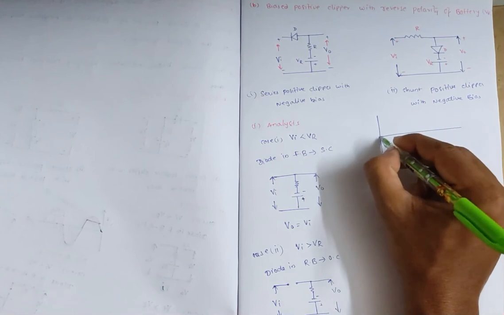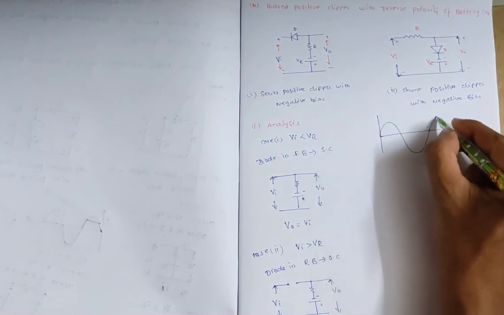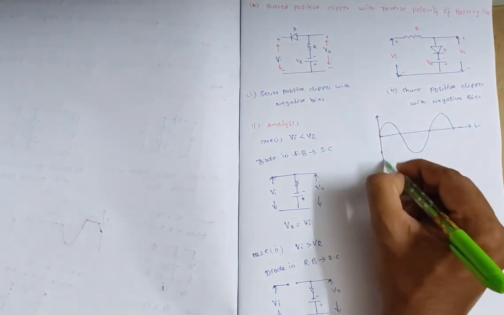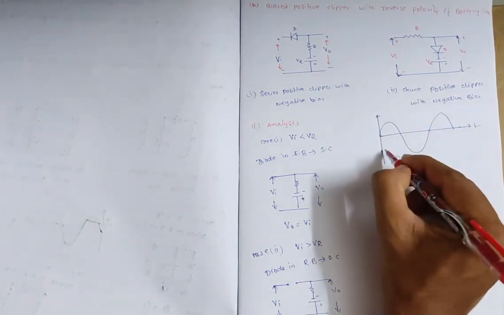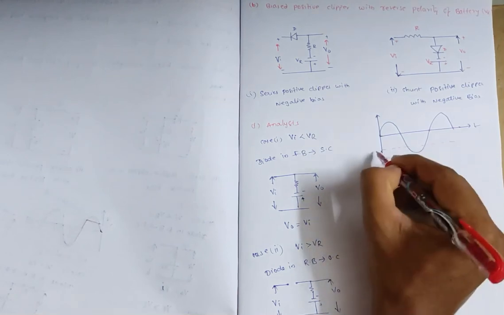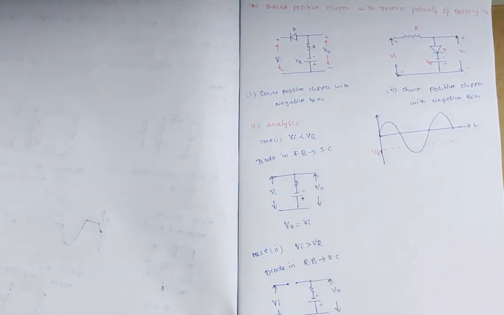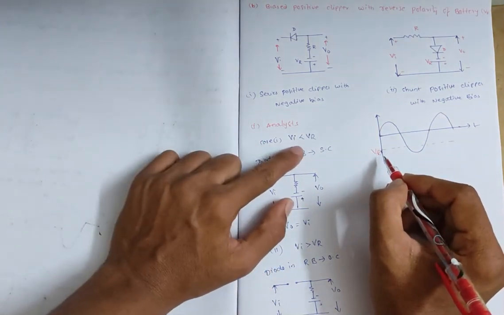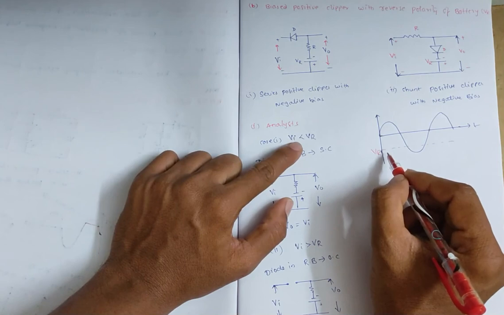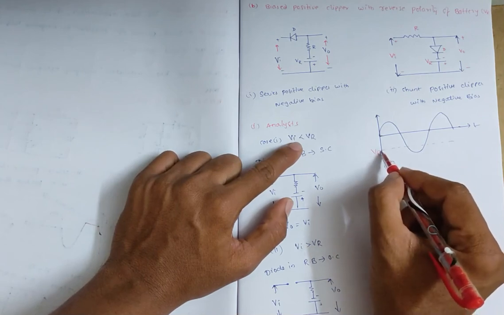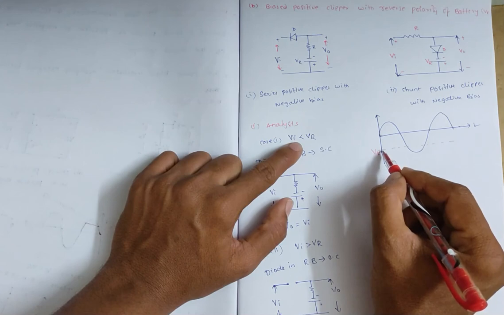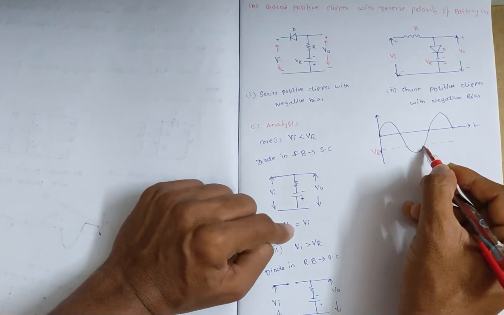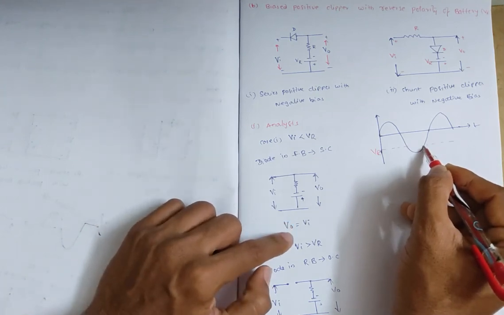From this we can draw the output waveform. This is my input sine signal and this is my reference voltage VR. In the first case, Vi is less than VR, that means below the reference voltage. So for this portion, what will be the output? Whatever input we applied will be the output.